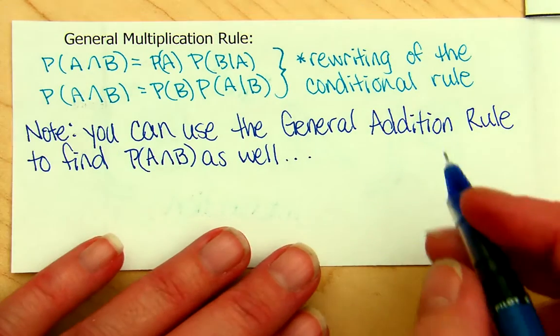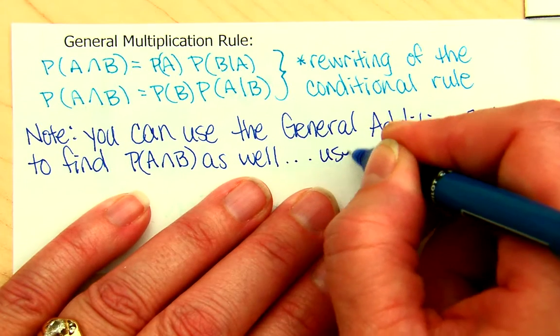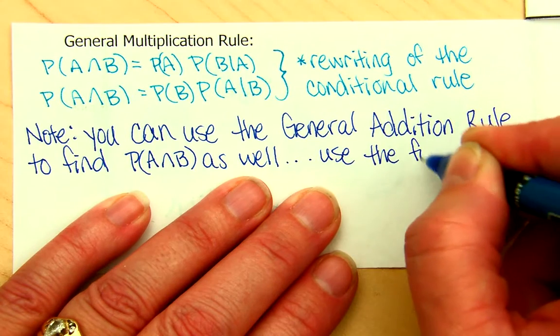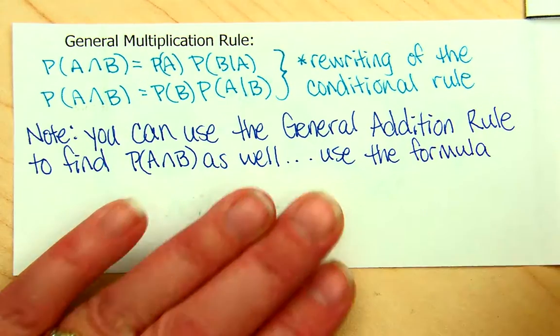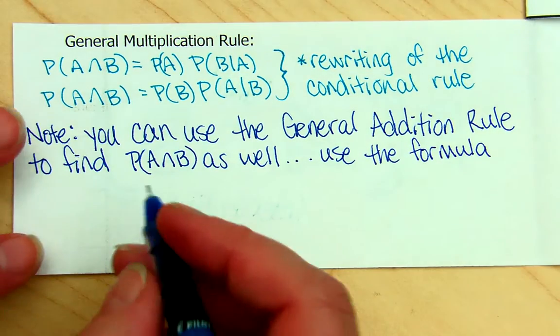So what you would do is use the formula for which you have the other information.